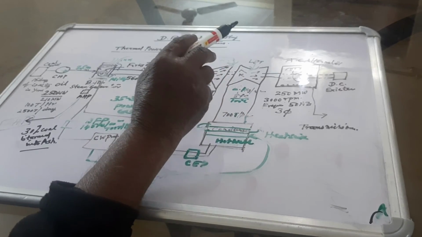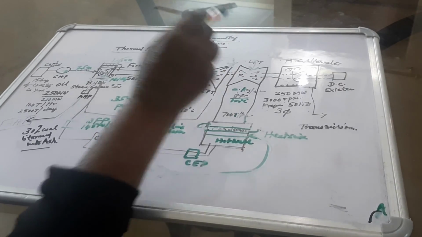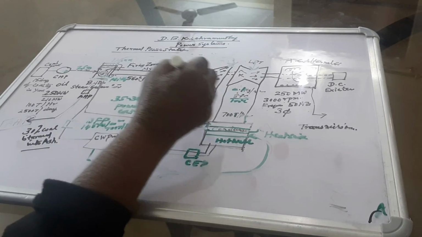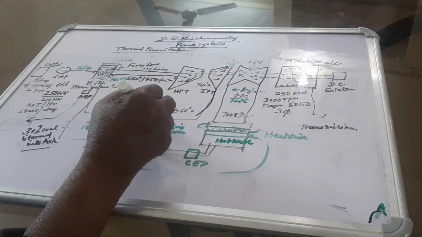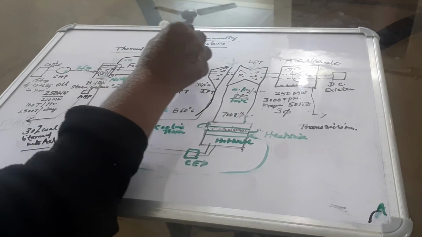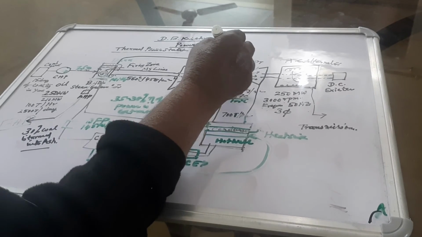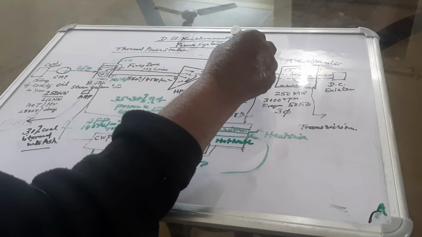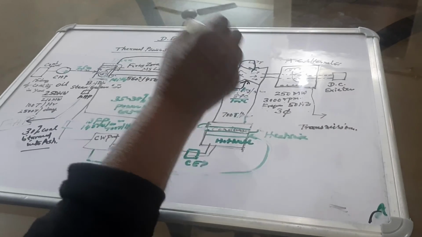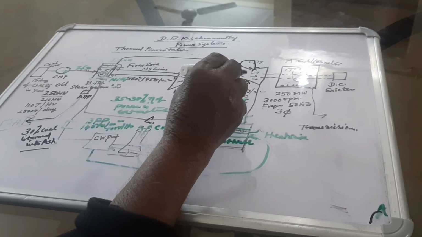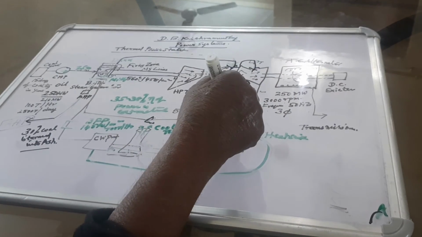In the turbine there will be 3 parts: HP turbine, IP turbine and LP turbine. So when the steam has lost energy, it goes back to the boiler, gains energy from the boiler, and comes back here, then it will go to the LP turbine directly, and all the 700 tons of steam produced is dumped into the condenser.